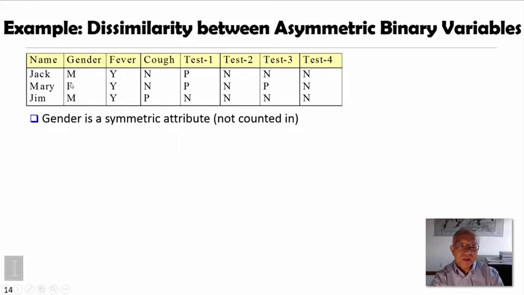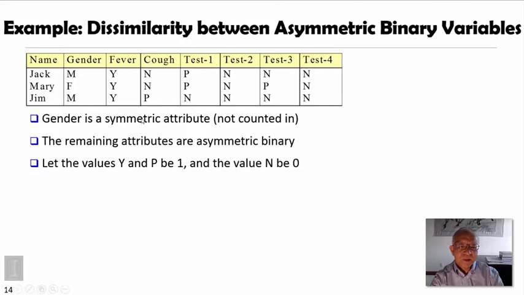We are only interested in the asymmetric cases, which means the remaining attributes become more important. Then we try to examine how they are different. Suppose we say Y or P is a positive case, and a value N, meaning not the case, will be 0.